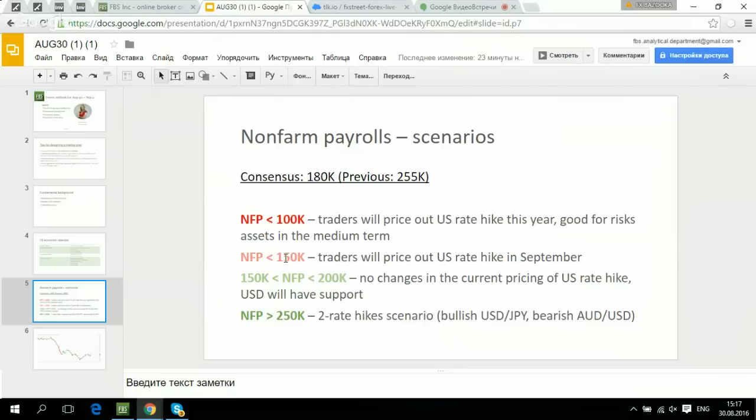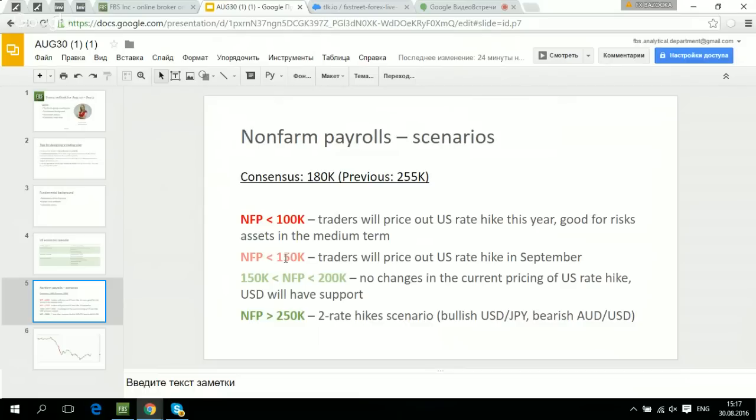This will hurt the US dollar, I think, versus all major currencies. Probably it will suffer more versus currencies like the euro and the British pound, because despite the fact that there are expectations that the central bank will ease monetary policy, they already have done much, and the market may not expect much more from this central bank.